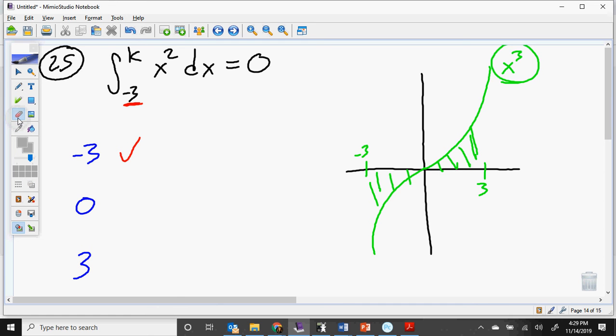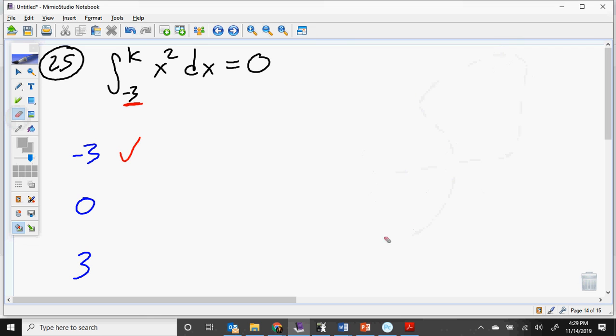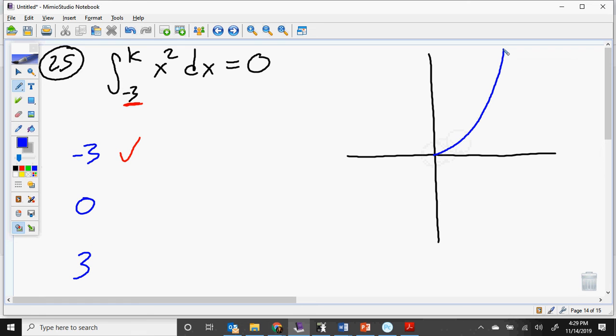Well, I know what x squared looks like. X squared looks like that. My integral starts at negative 3. 1, 2, 3. So I'm starting there.